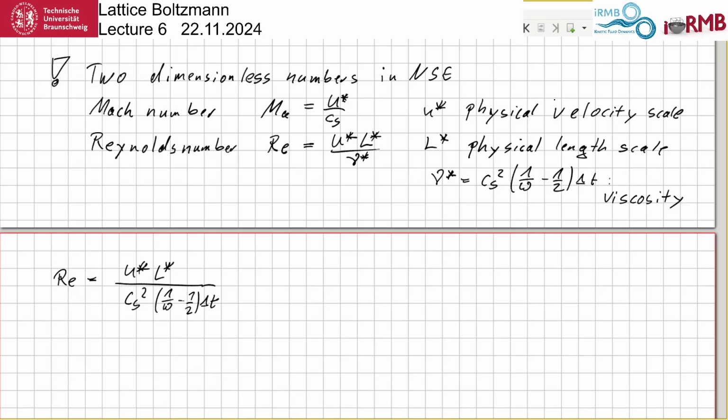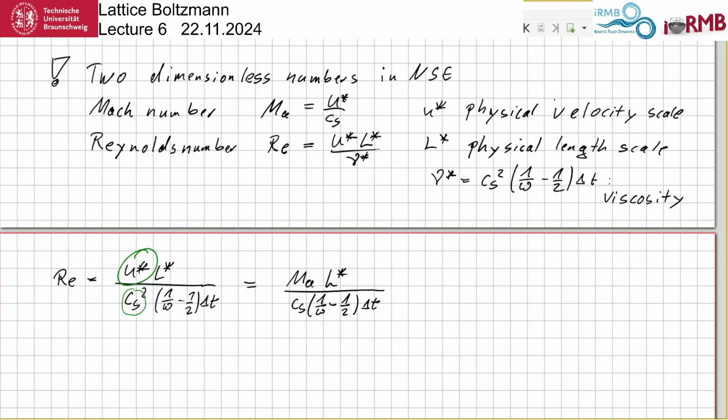Now what we can do, we can identify that here is U star and here is CS, so we'll find that there is a Mach number included in this, and we can write Mach number times L star divided by CS times 1 over omega minus 1/2 delta t.